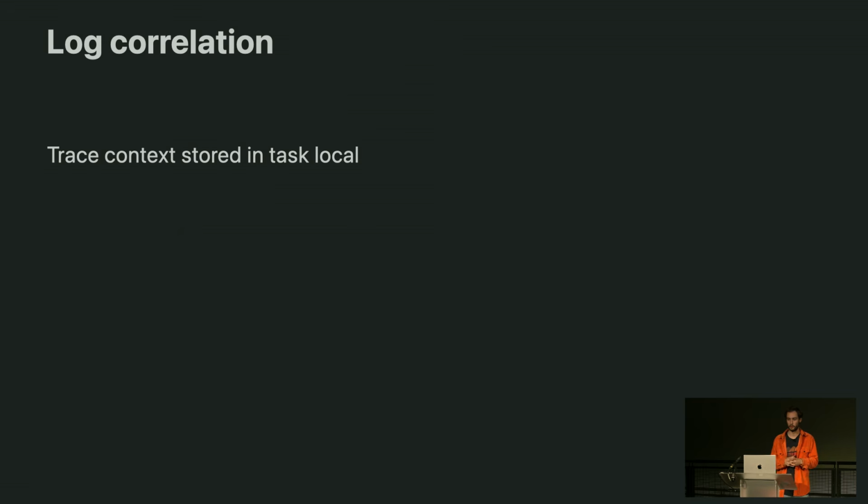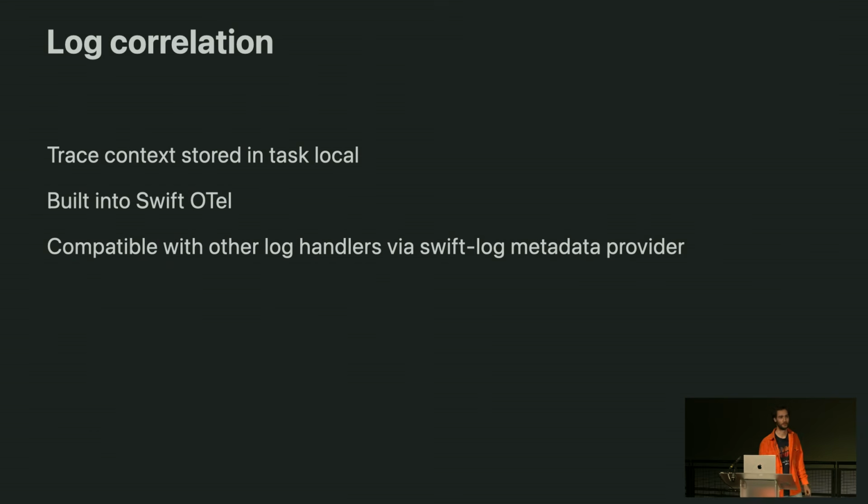You can simply use the Swift log metadata provider included in SwiftOtel. You pass that when you bootstrap the logging system, and then same as before, every log line that happens to be surrounded by spans will be able to be correlated, and this is done by adding metadata to those logs.